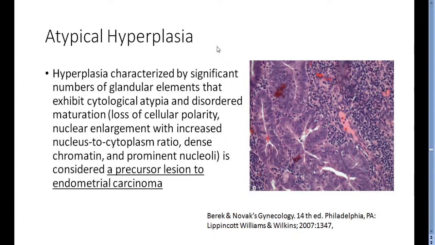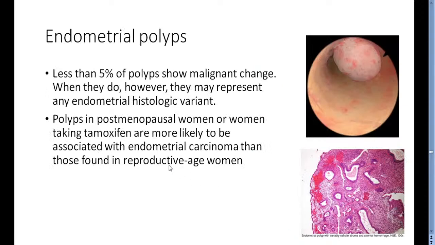Atypical hyperplasia is characterized by a significant number of glandular elements that exhibit cytological atypia and disordered maturation, loss of cell polarity, nuclear enlargement with increased nucleus to cytoplasm ratio, dense chromatin, prominent nucleoli, and it's a real precursor to endometrial carcinoma. You see this micro photograph of an atypical hyperplastic process.